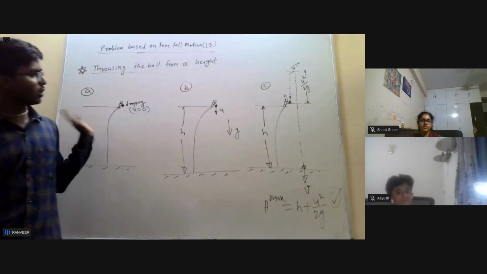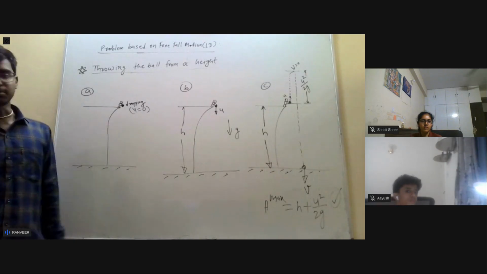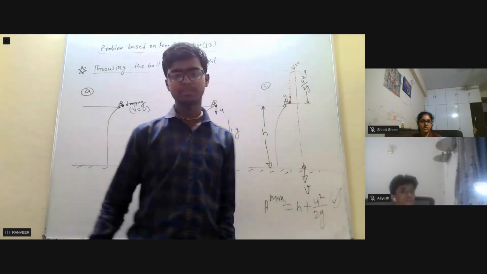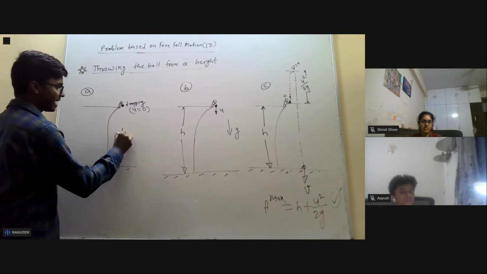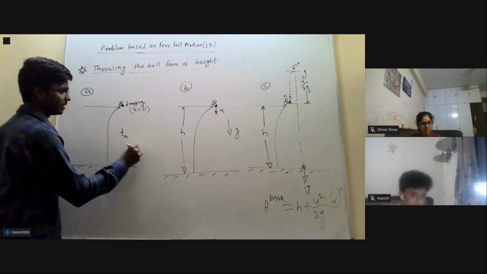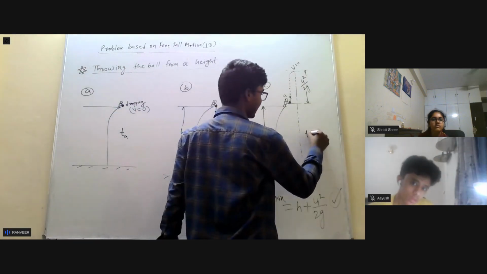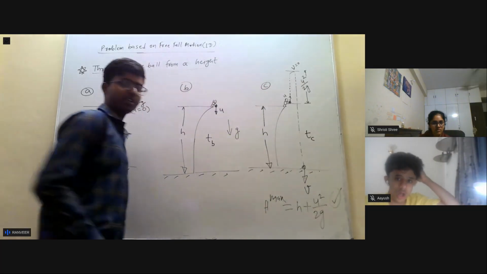Now tell me which ball will reach the ground first, in the case of drop, when you are throwing down, or when you are throwing up. For example, in this case the time is TA, this case the time taken is TB, and this case the time taken is TC.